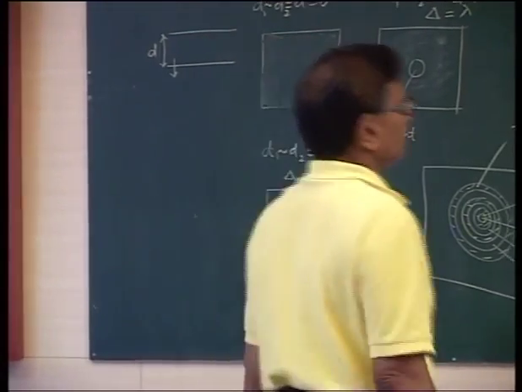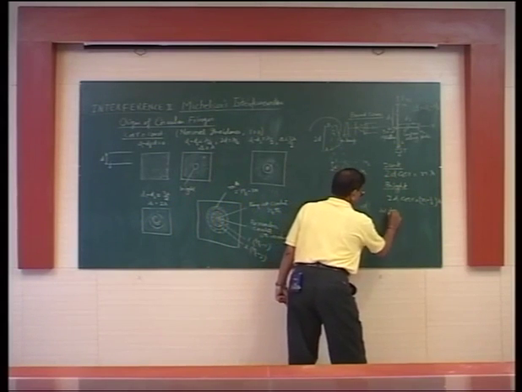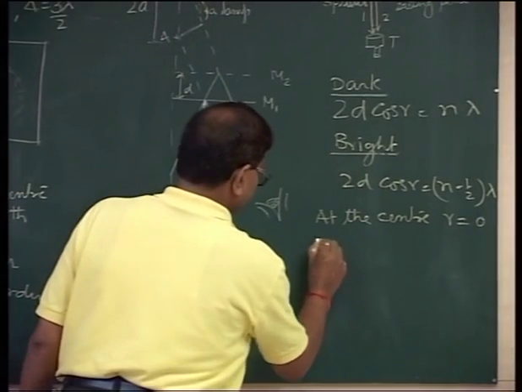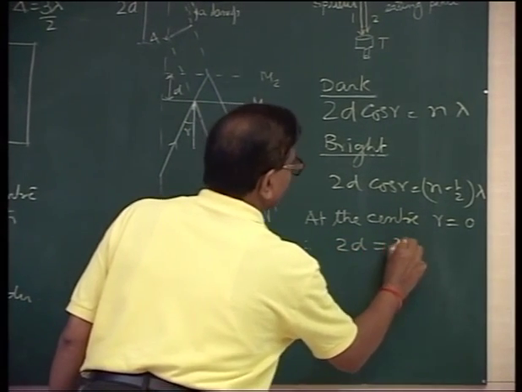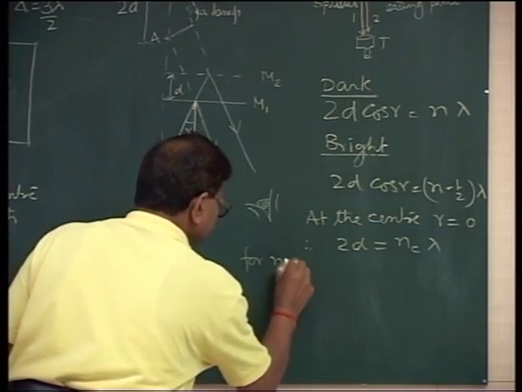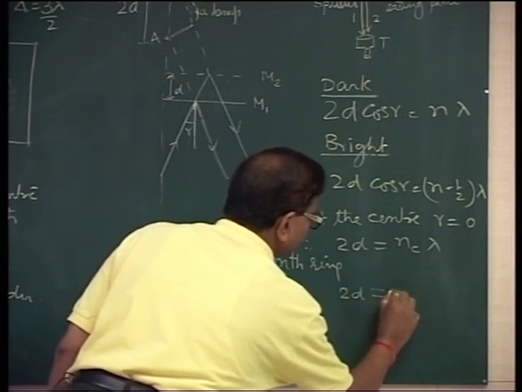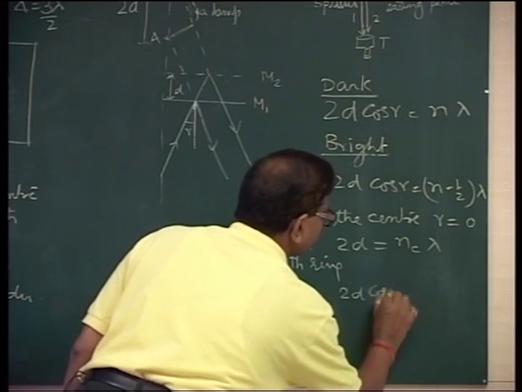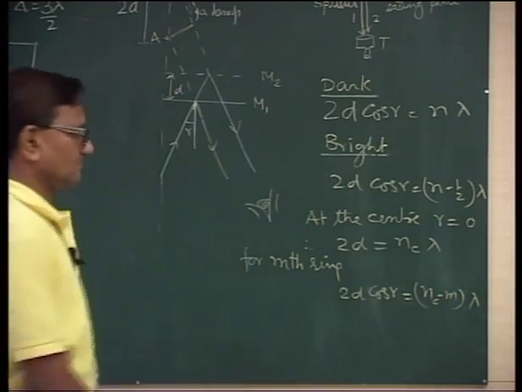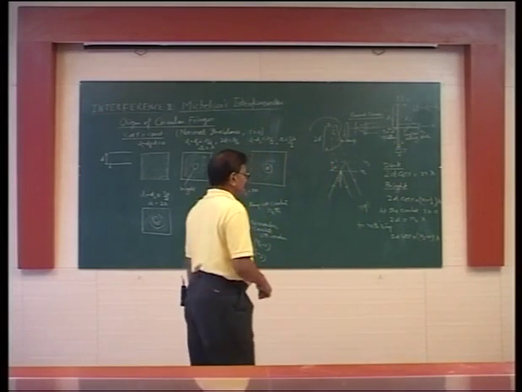Now we use this information in the original formula. So at the center, r is equal to 0 and therefore 2d is equal to nc lambda. And for the mth ring, 2d cos r will be equal to nc minus m into lambda, because the mth ring we are calling is originally the nc minus m ring.